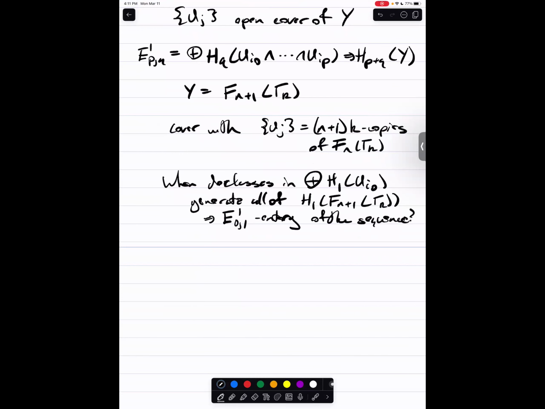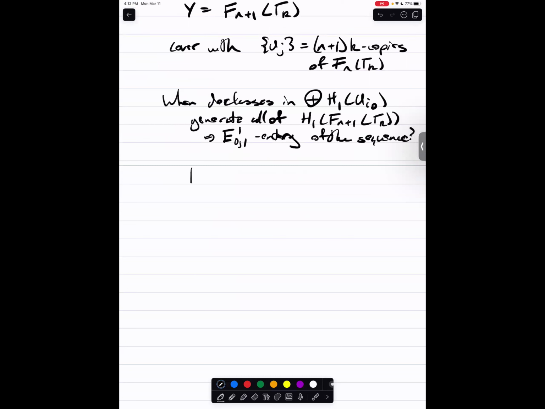And right, well, we think to ourselves, what does this spectral sequence look like? Well, we've got some stuff over here. We've got E1, 0, 0, E1, 0, 1, and E1, 1, 0.